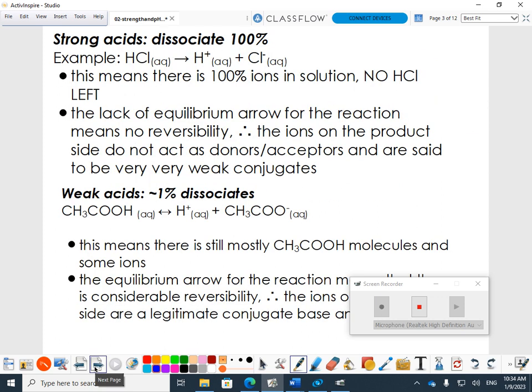Okay, so when you have HCl, which is a strong acid, that means there is 100% ions in the solution. Technically, HCl doesn't exist. The lack of an equilibrium arrow for the reaction means no reversibility.